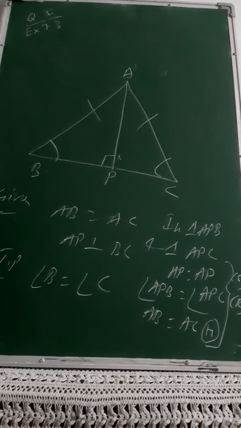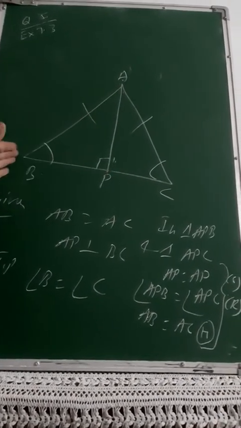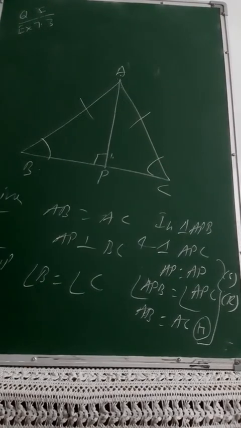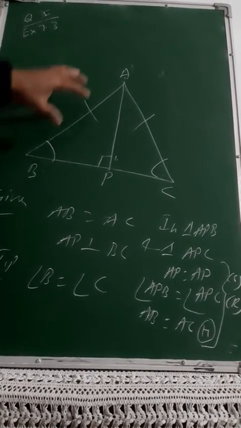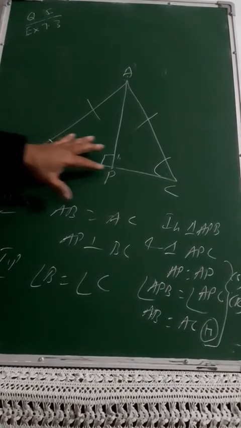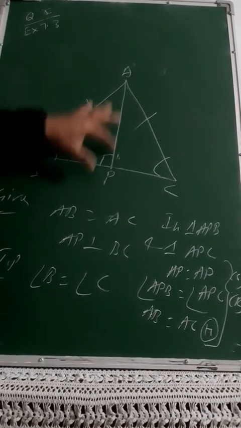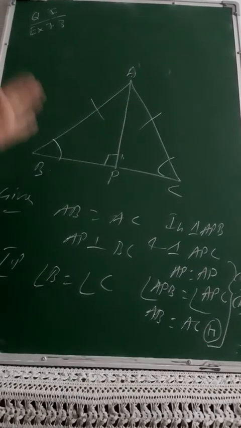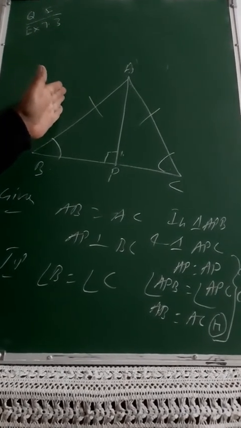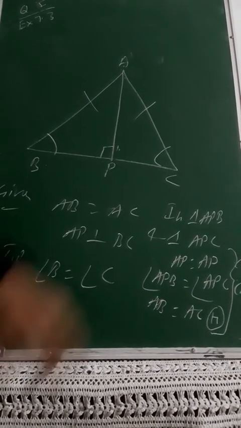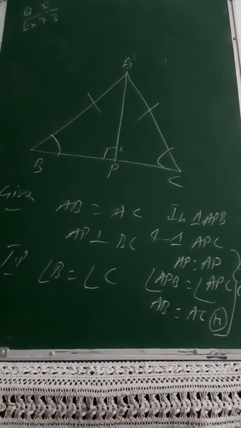So this stands for S. So these two triangles are congruent by RHS. So therefore this angle, that is B of this triangle, will be equal to angle C of this triangle. Hence if two sides of any triangle are equal, then the angles opposite to those will also always be equal. Hence proved.